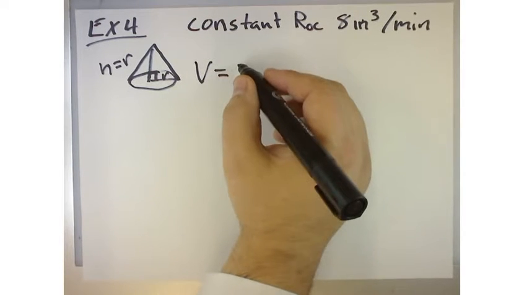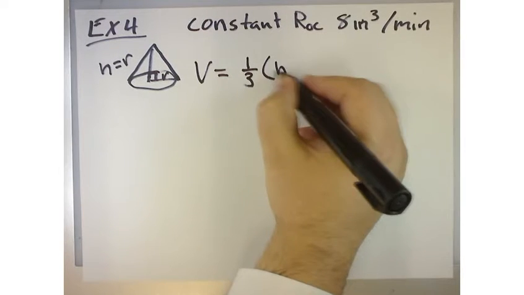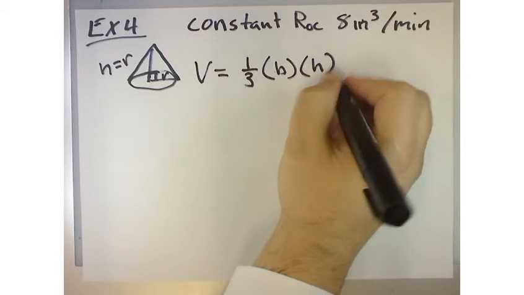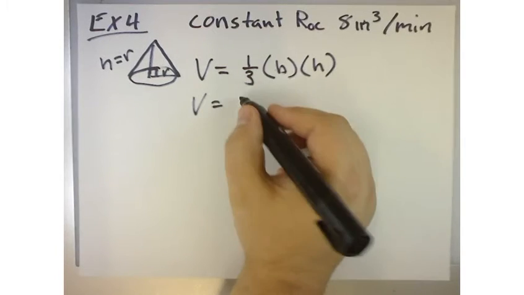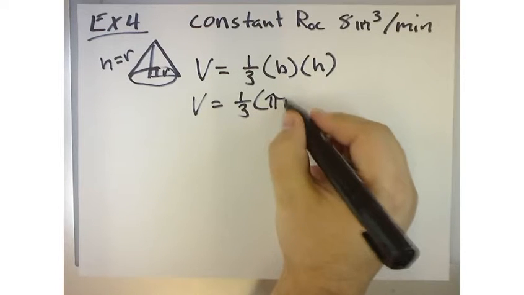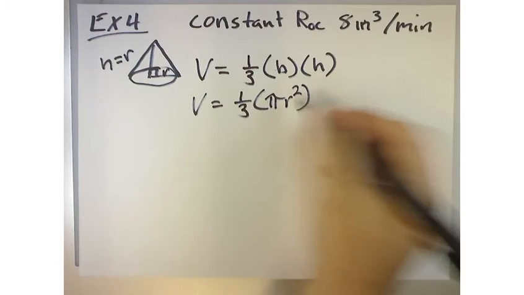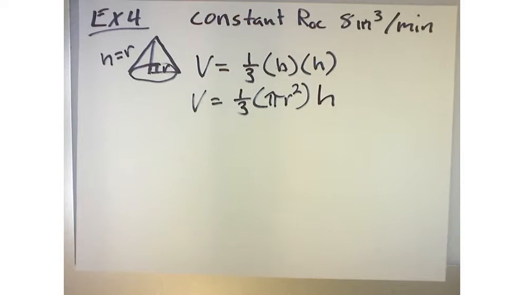It's 1/3 times the base times the height. And the base is the area of the circle, which is pi times r squared, times the height. But what did we say the height was? Well, we'll just leave it as h for now.